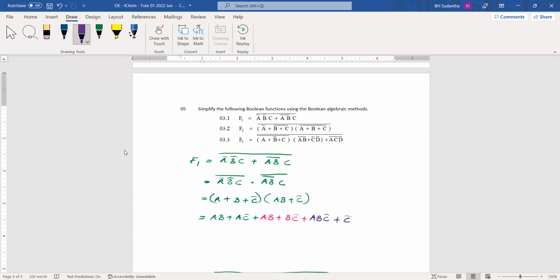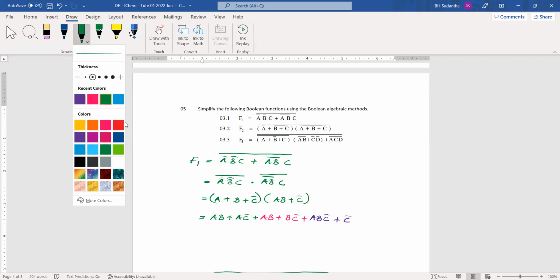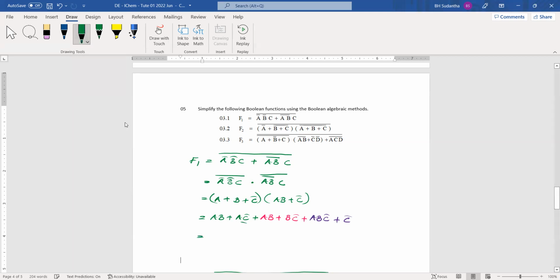Okay, then considering this C bar term first, we can take C bar out. Then inside we have A, B, AB plus 1. When I take C bar out, here is 1.